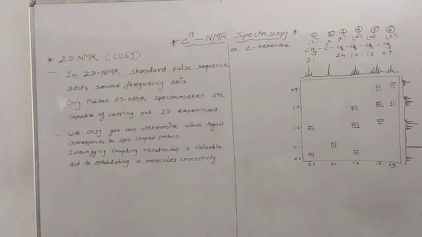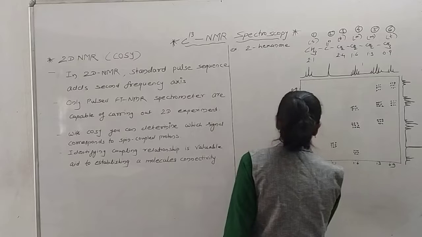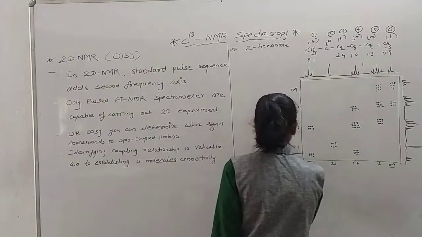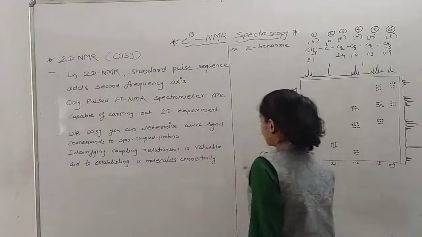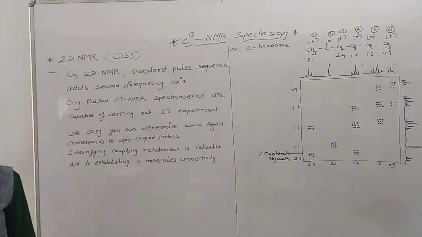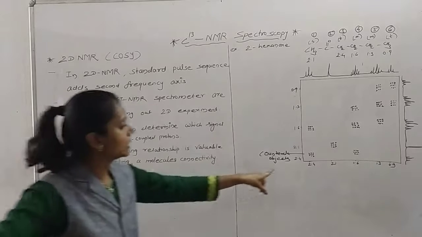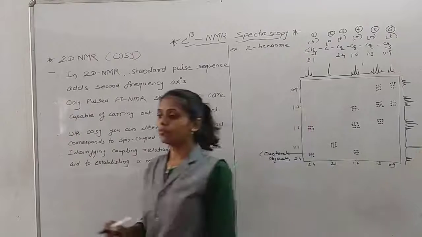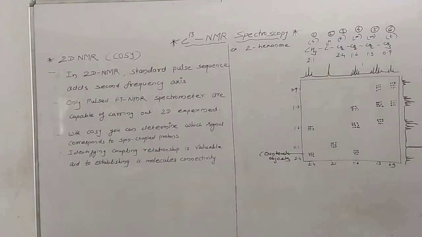There is the H1 NMR spectrum of 2-hexanone along the X and Y axes, which makes it easier to interpret the two-dimensional information, which is a collection of contour objects contained within the axes. These contours are along the X and Y axes. Many contours lie along the diagonal that runs from lower left to upper right, which bisects the two-dimensional NMR into two mirror images.